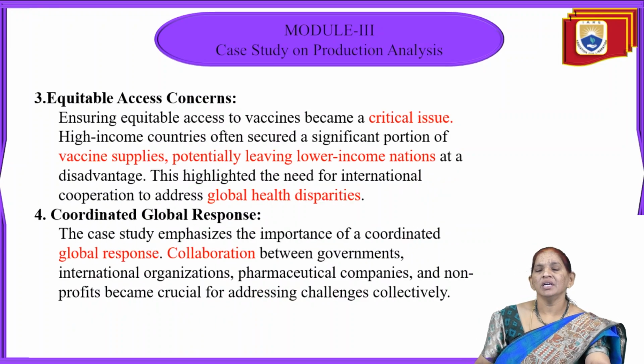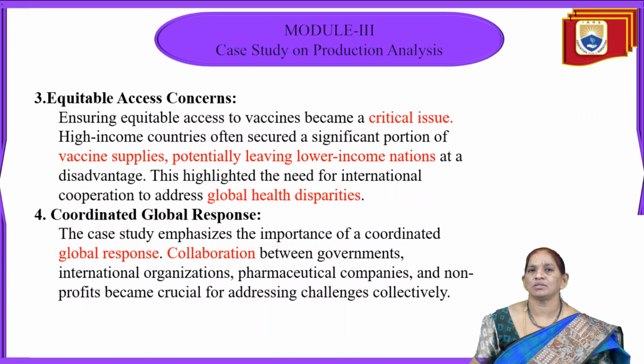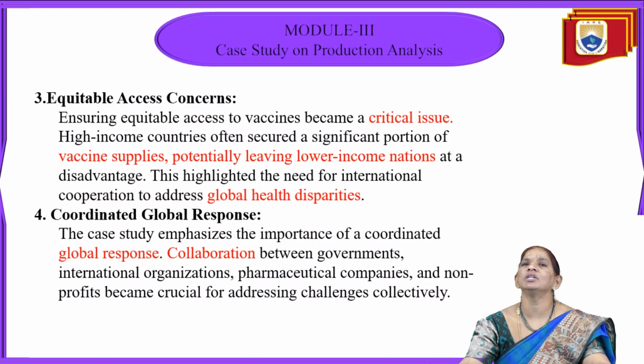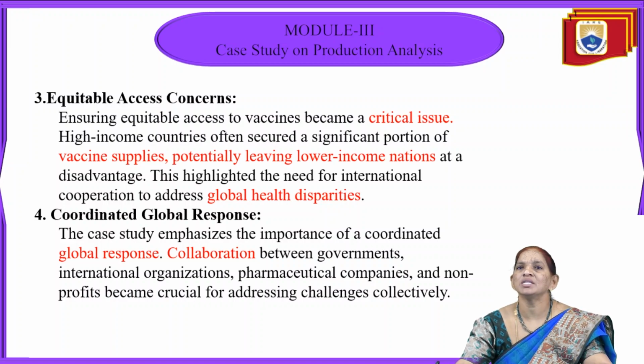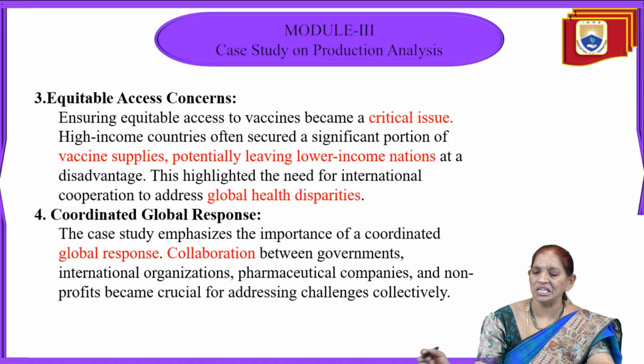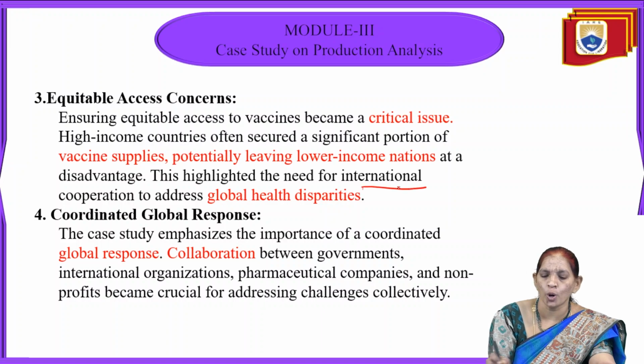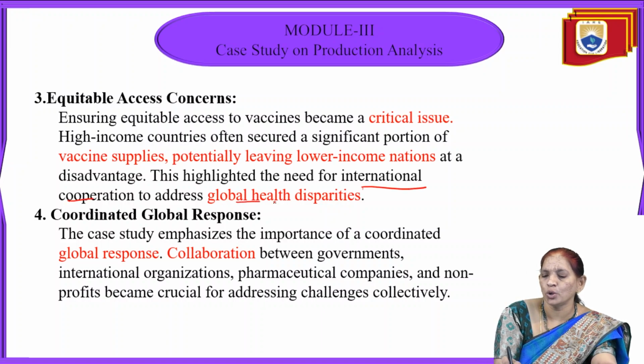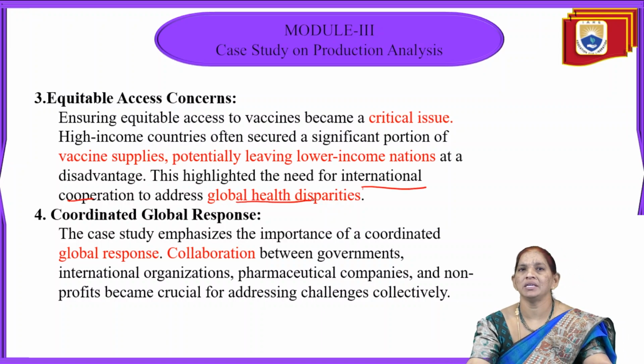And along with that, equitable access concerns. Ensuring equitable access to the vaccine became a critical issue, as high income countries often secured a significant portion of the vaccine supply, potentially leaving lower income nations at a disadvantage. This highlights the need for international cooperation to address global health disparities.